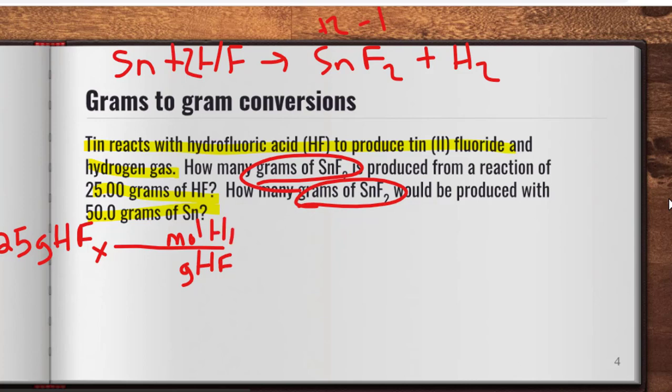And if you remember, we're trying to get it into a product. So we're starting with HF, and we want to go to SnF2. So we need to convert to moles in order to be able to change the chemical into a product. One always goes with moles here, and then you would go through and calculate the molar mass of HF, which is roughly 20.01.